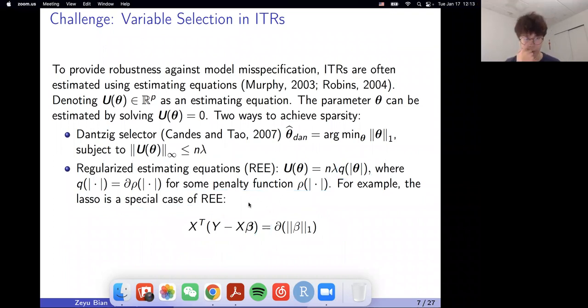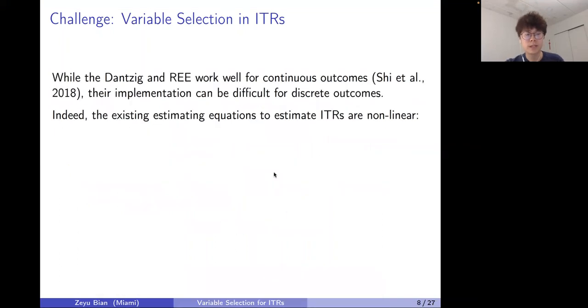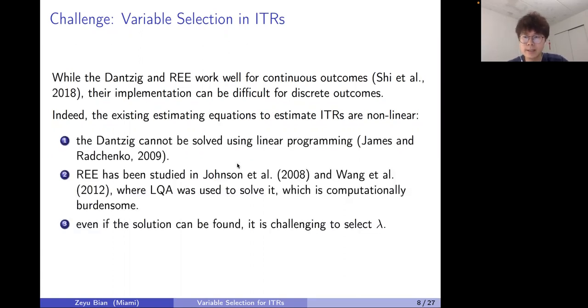So we know we can use those two methods to introduce sparsity. However, although the Dantzig selector and REE can work well for continuous outcomes, their implementation can be difficult for discrete outcomes. Indeed, the existing estimating functions to estimate ITRs are nonlinear. So the consequences are, first, the Dantzig selector cannot be solved using linear programming anymore.